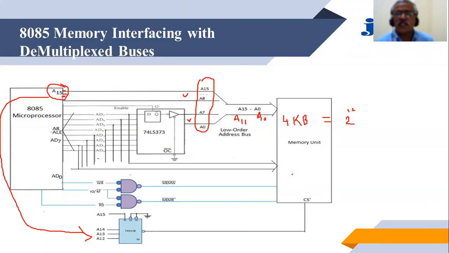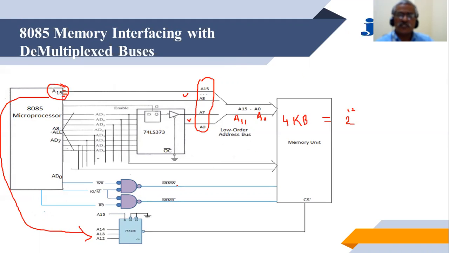Because unless the memory is selected, unless the memory is enabled, we cannot perform the read and write operation of the memory. So these 4 lines are used for generating the chip select lines, and the rest 12 lines are used as the 12 address lines for the 4 kilobyte memory unit.